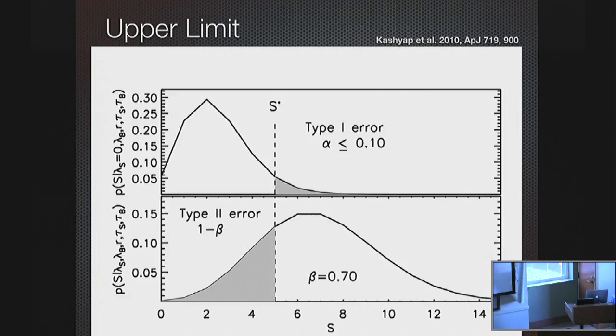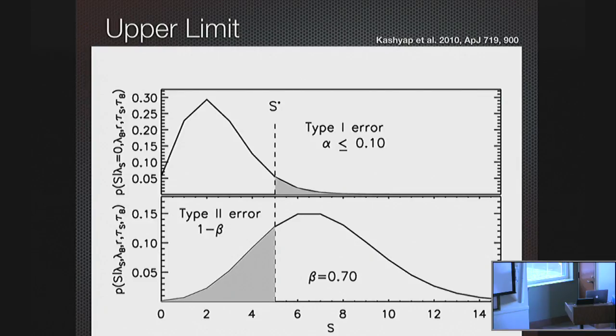S is any sort of function of the data that you're calculating. It could be just as simple as counts. Given a certain background value, you have a certain distribution, and you set your threshold such that you are expecting a 10% false positive rate.